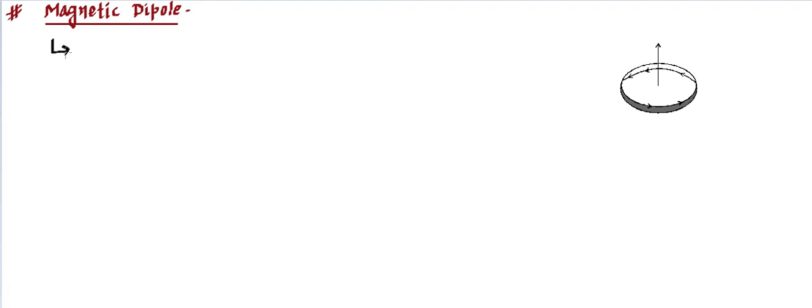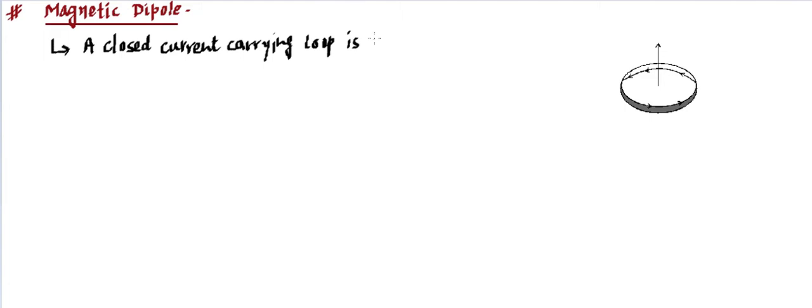This is an arrangement in which a closed loop has current. So we can write that in short: a closed current carrying loop is known as a magnetic dipole.